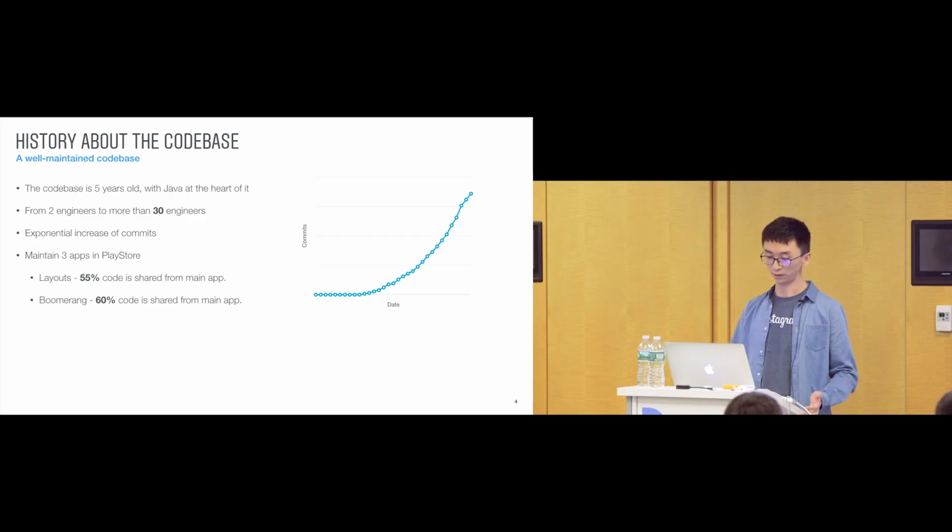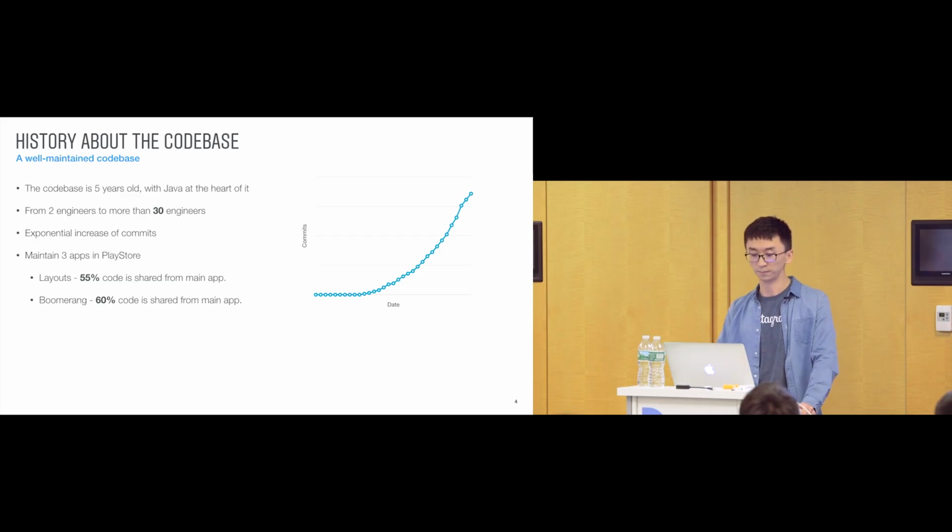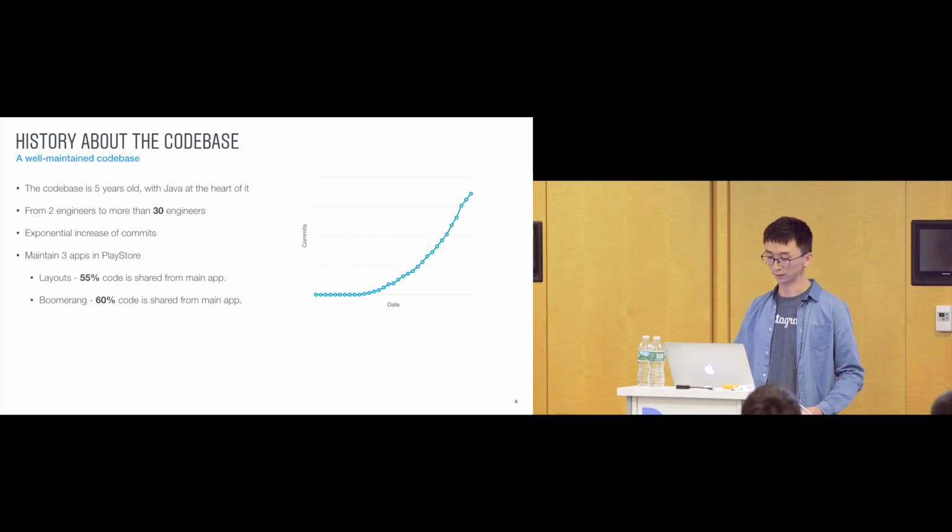Layout shares more than 55%, and Boomerang shares more than 60%. I see this as a sign of a healthy code base because we were able to share a lot of code between those apps. I will get more into the detail about how we accomplish that later.